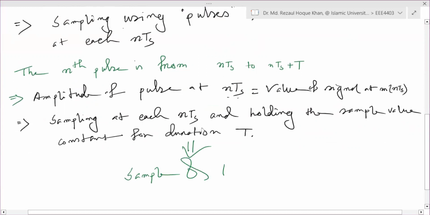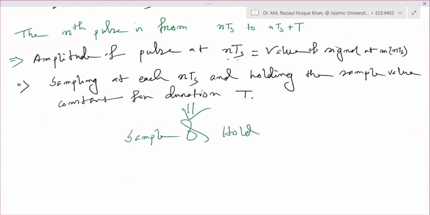So the amplitude modulation technique is also called the sample and hold technique.